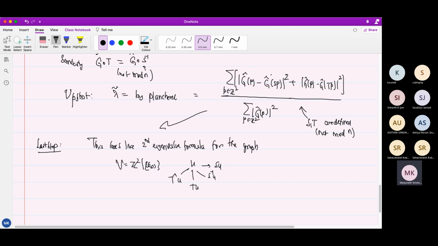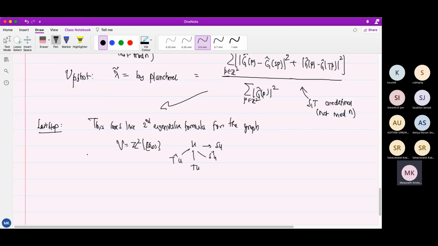This is the sum of squares at the edges. On the edges, you are taking the difference and so on. So this looks like the second eigenvalue formula.